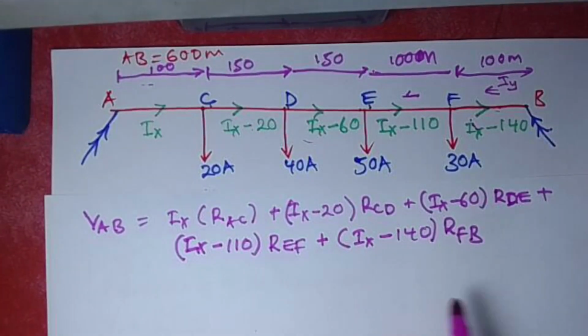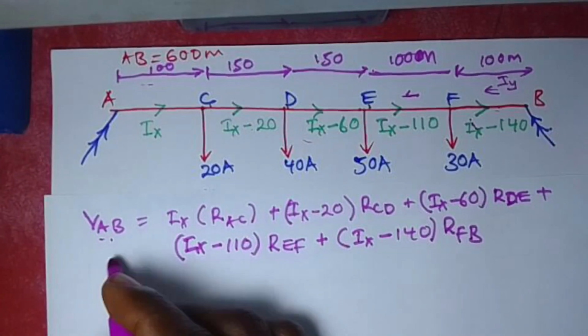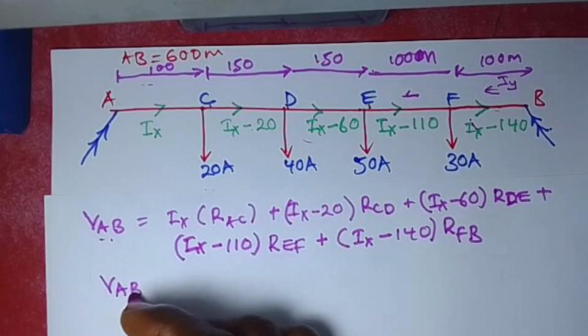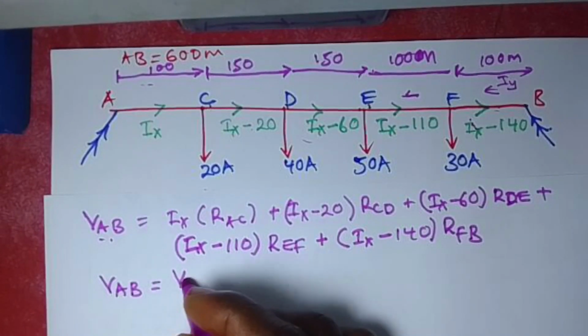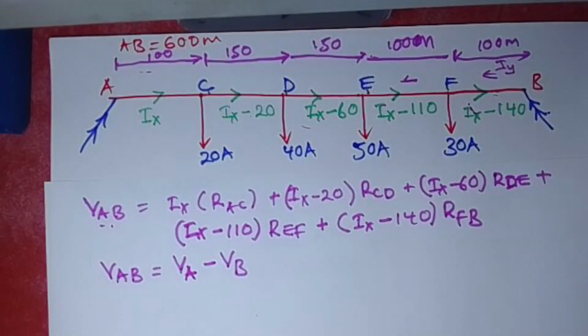But remember also that the voltage drop across A and B can also be got by taking the voltage at point A minus the voltage at point B. Is that true? Yes, sir. Online, are we together at that point?